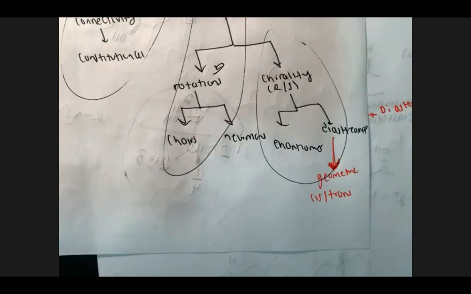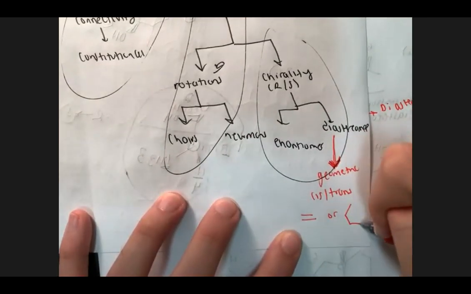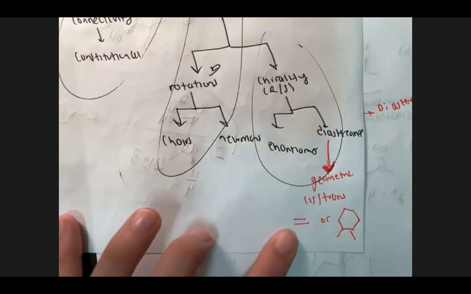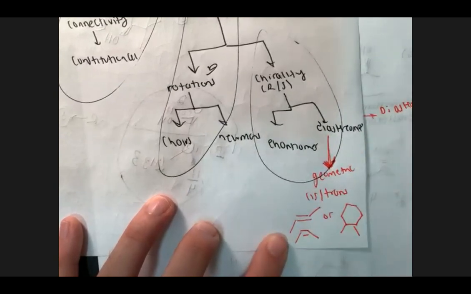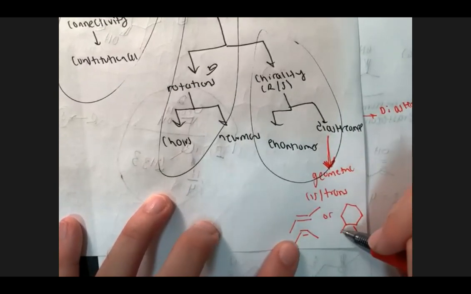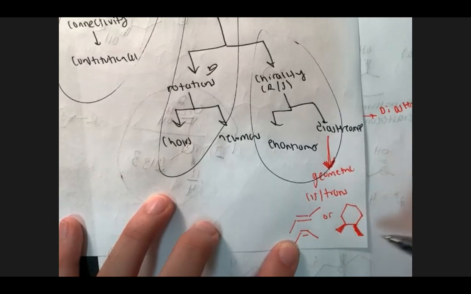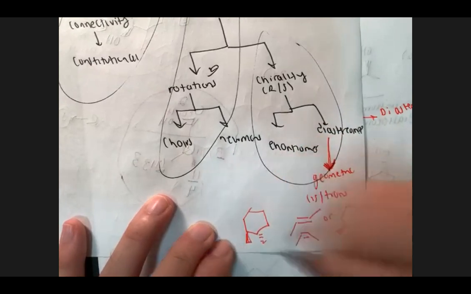And cis trans only happens with double bonds, or rings, di-substituted rings. Remember I said this? So we're looking for either double bonds, where we could be trans or cis, which we've seen, or cyclic systems, where you could be wedge, that's the cis one, or you could be wedge dash.